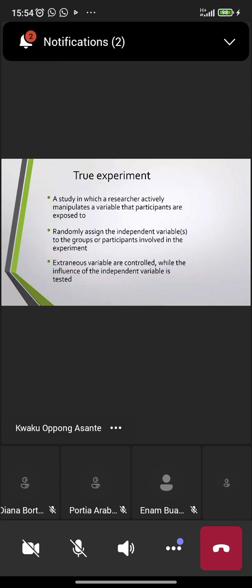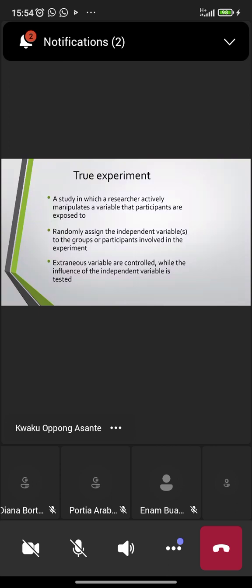And I mentioned earlier that in every experiment that we conduct, there should be the need for us to control extraneous variables. If you can't control extraneous variables in your experiment, you cannot say that there's a cause and effect relationship.